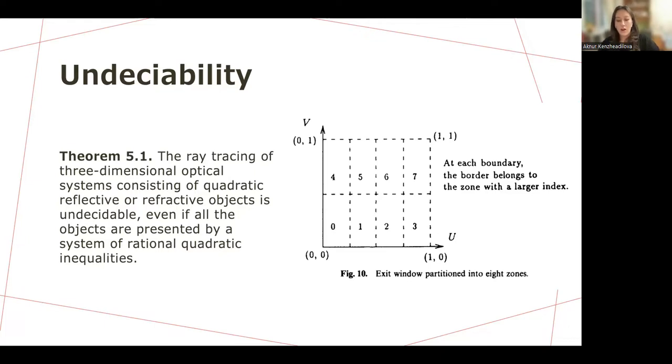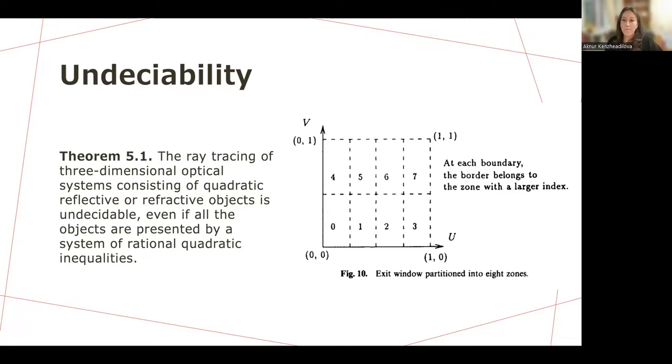And after all of this, the conclusion is optical system simulations of some reversible universal Turing machine, and we can have this theorem. It says that ray tracing of 3-dimensional optical systems consisting of quadratic reflective or refractive objects is undecidable, even if all the objects are represented by a system of rational quadratic inequalities.